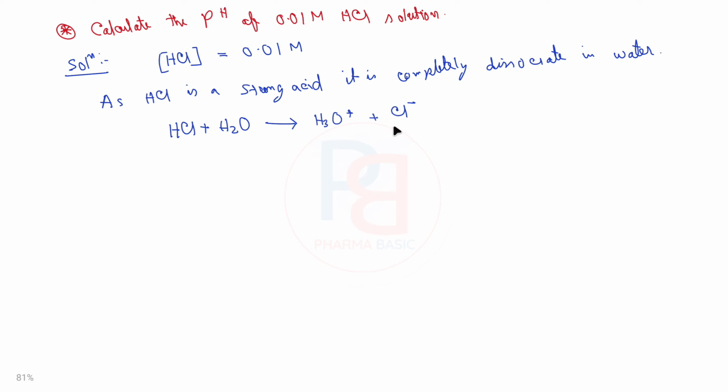As HCl is a strong acid, the HCl concentration is equal to the hydronium ion concentration, which is 0.01 M.